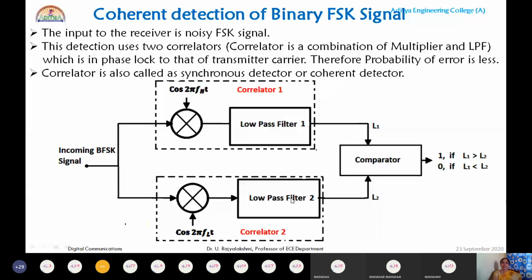Let us assume this low pass filter output is L2. Now L1 and L2 are compared to generate the output as 1 and 0. The comparator output is 1 if L1 is greater than L2, and 0 if L1 is less than L2.